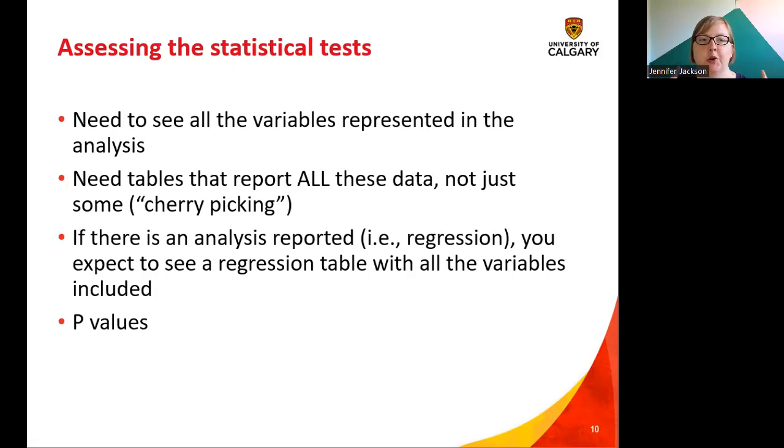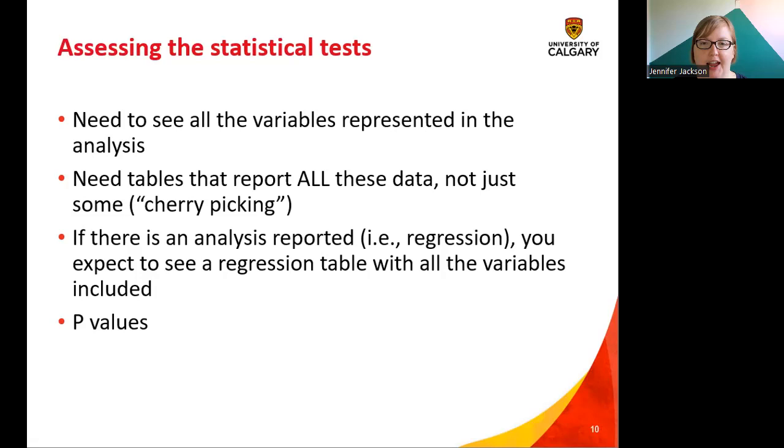So if somebody has two nominal level variables and they're trying to do a correlation, you know you're in trouble because you can't do that with those things. So identify which variables you're looking at, what the level of measurement is, and then what appropriate statistical tests you could see for those types of measurement.